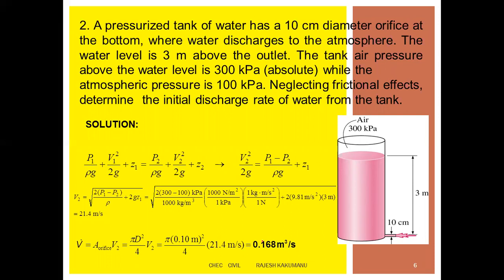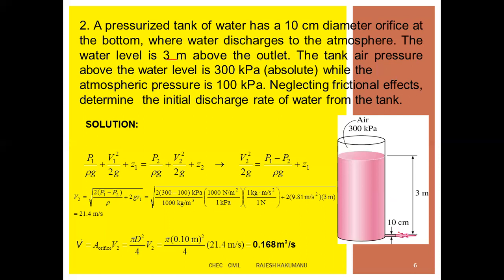So here we have an orifice of 10 centimeters, at the bottom of the tank, where the water discharges to the atmosphere. The water level is 3 meters above the outlet.